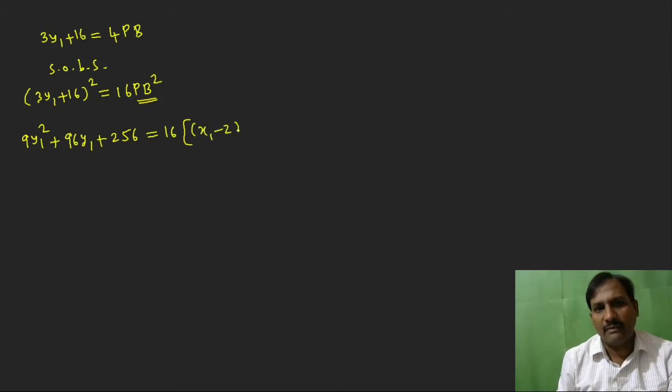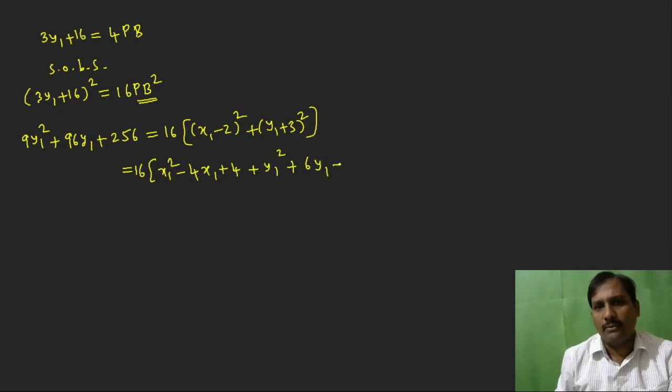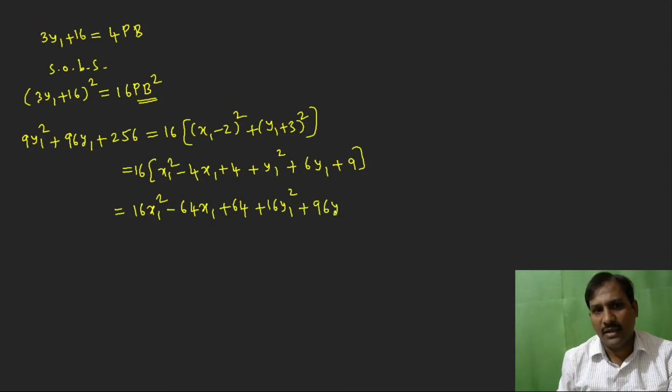So write down here. Let us simplify now. That is 16 into x1 square minus 4x1 plus 4 plus y1 square plus 6y1 plus 9. So that is equal to 16x1 square minus 64x1 plus 64 plus 16y1 square plus 96y1 plus 16 9s are 144.